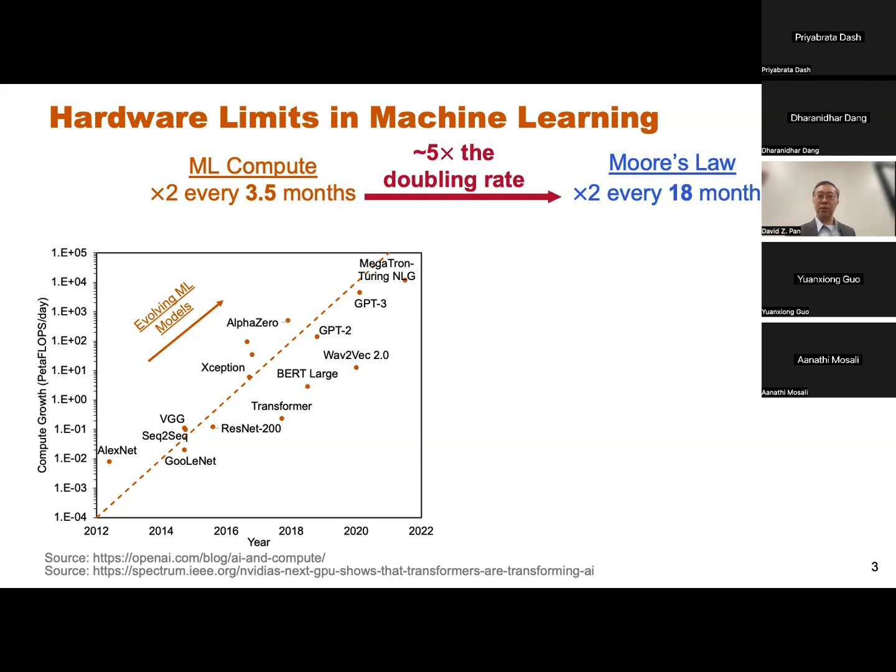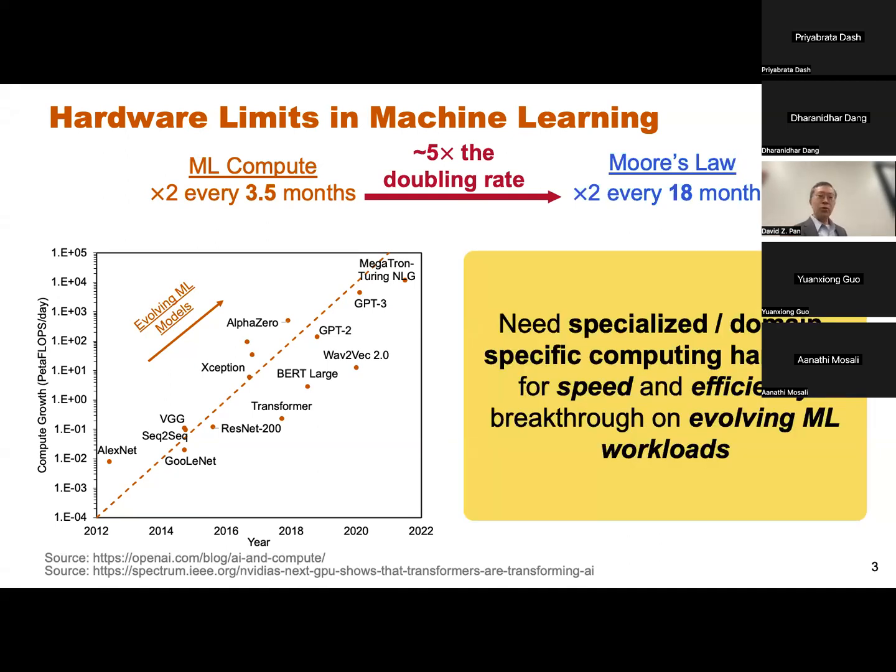That's why we need a lot of specialized, domain-specific computing hardware, for one, fast throughput, and another, energy efficiency. I don't know whether you have seen some data. They say the largest data center nowadays in terms of power consumption is like San Antonio city.